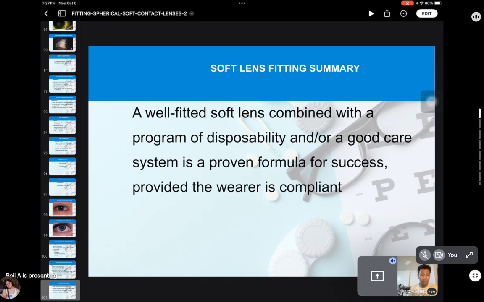So meaning to say, if you try to be careful in getting all the parameters and the design correct, with a good program of how to dispose, whether it's one day or the dailies, so that right after that you can throw it away, or a good care system, such as how to take care of the contact lens.